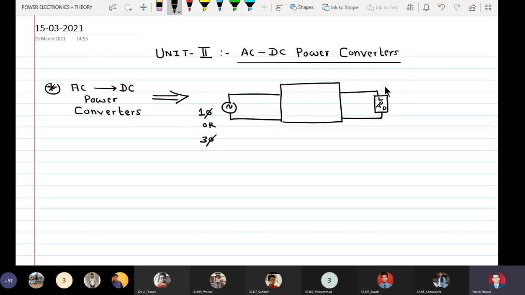This is the load, and here we'll have a DC voltage and current at the output.